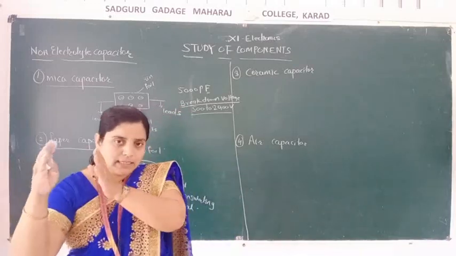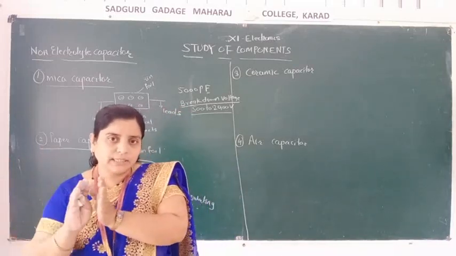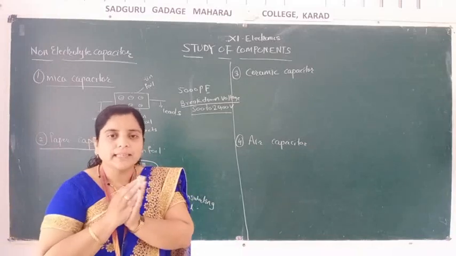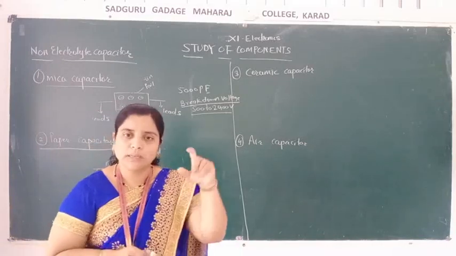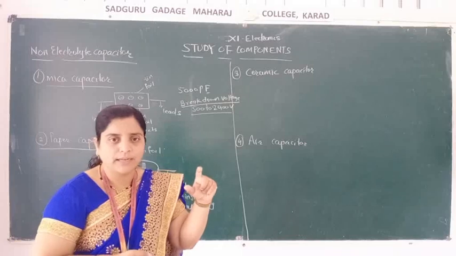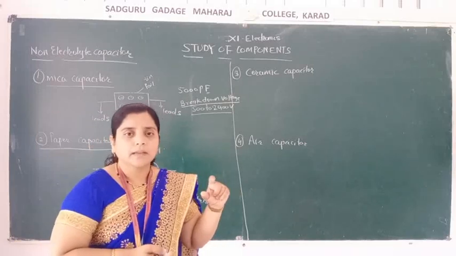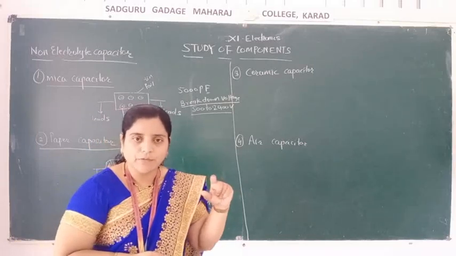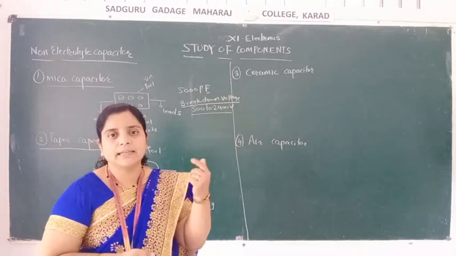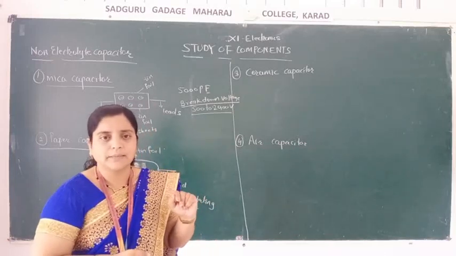Again 2 or 3 plates are connected to each other, forming the second terminal. So in the paper capacitor, the two terminals are tin foil, the conducting material, and the insulating material inside is the tissue paper.